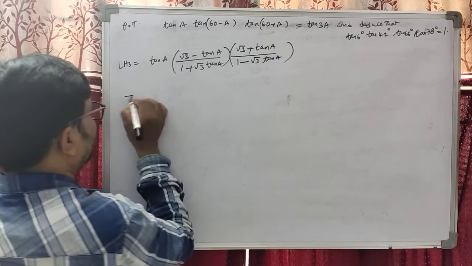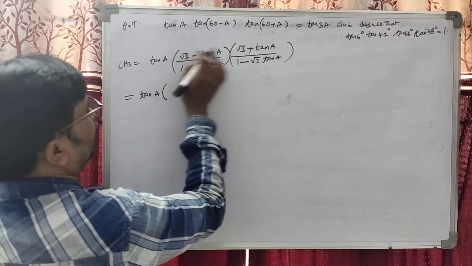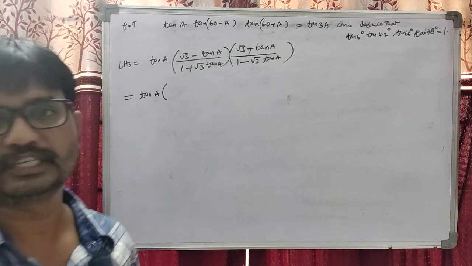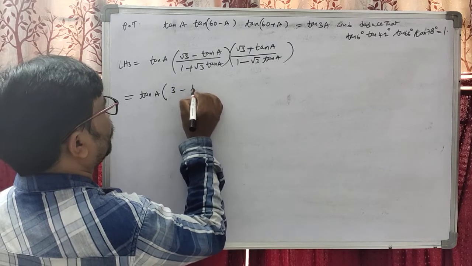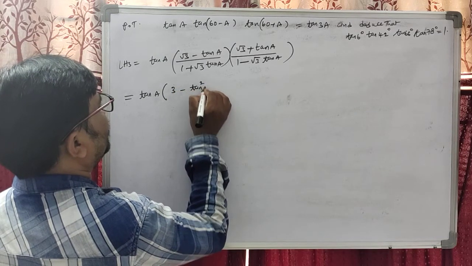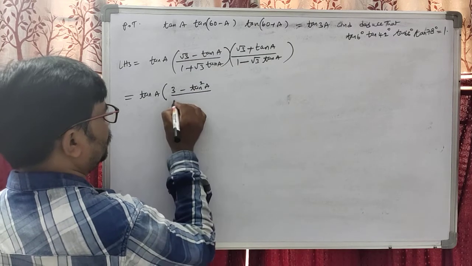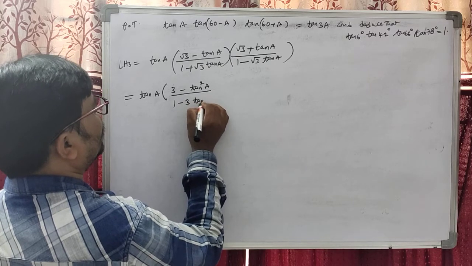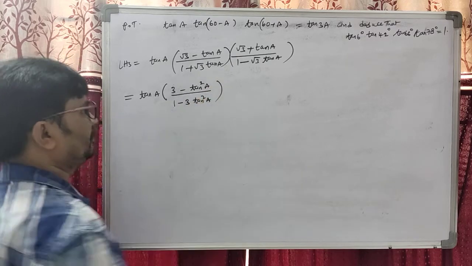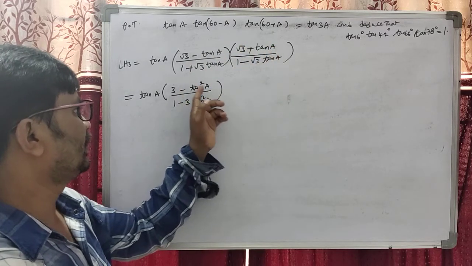Dear students, in the numerator what do you observe? (A minus B) into (A plus B) is A square minus B square. A square is 3, B square is tan square a, so the numerator is 3 minus tan square a.